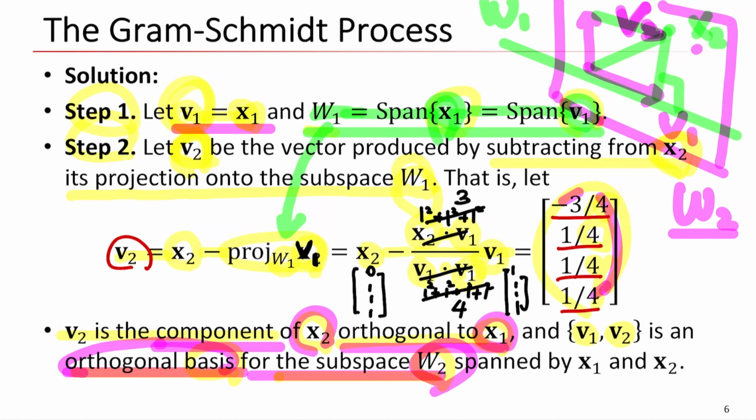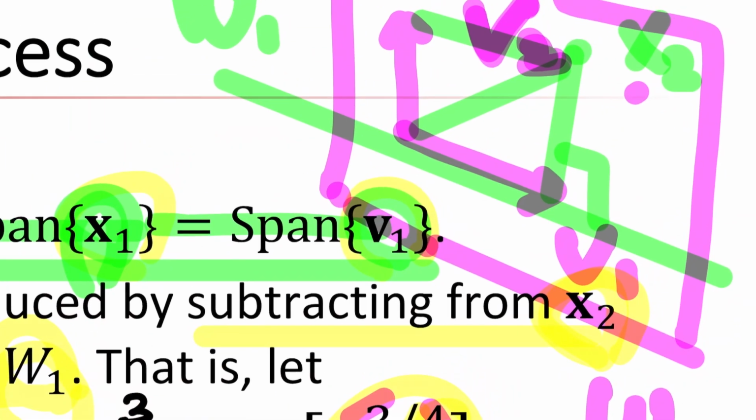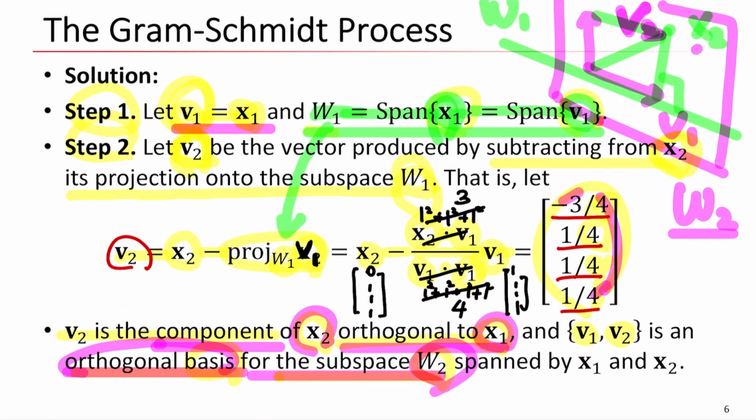If you remember this figure, you can easily understand what I want to do. So v2 is equal to x2 minus the projection onto the W1 space, right? Then you can easily compute these two values, and v2 will be something like this, right?